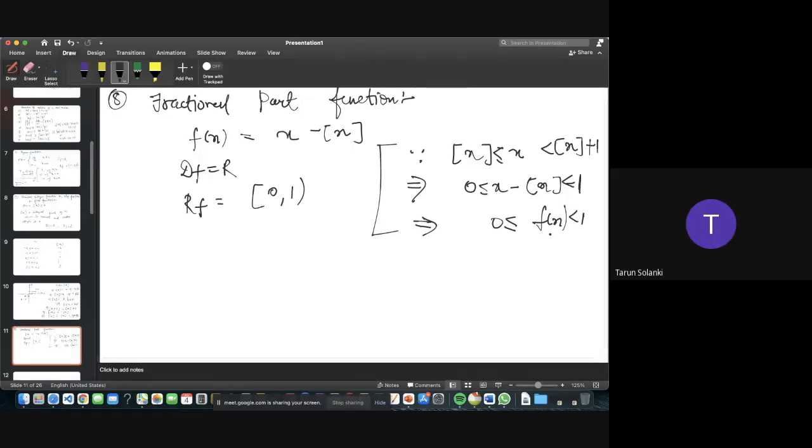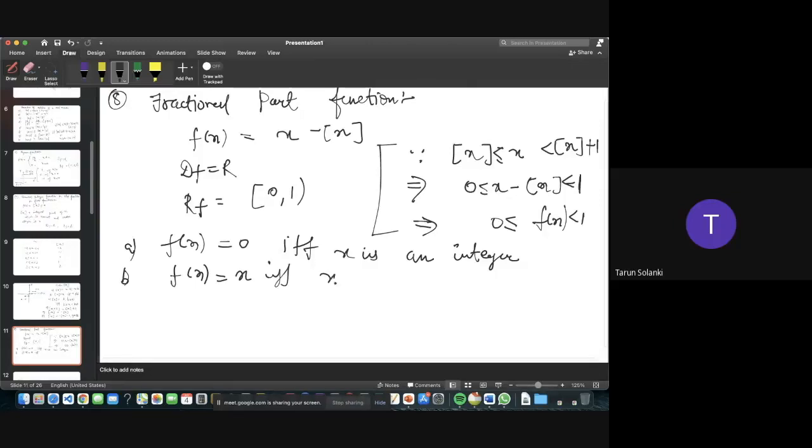If we talk about the facts of this function, we can write first, f(x) is equal to 0 if x is an integer, right? And the second is f(x) is equal to x if 0 is less than x is less than 1, right?